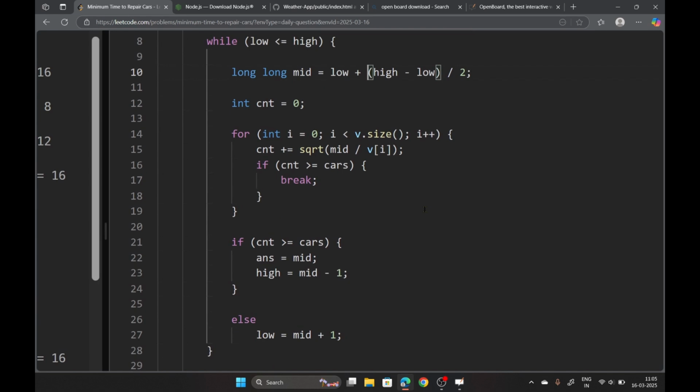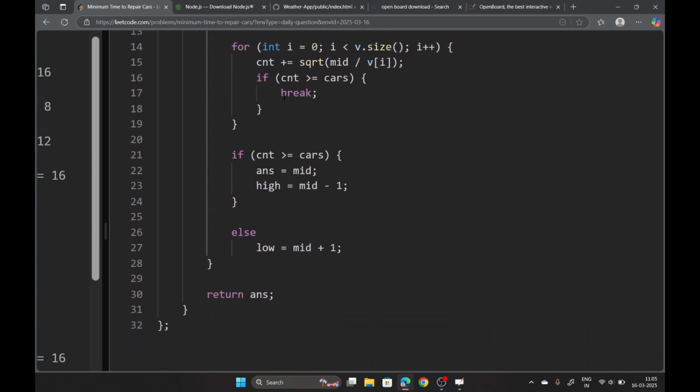For the corresponding mid value, we calculate how many cars that mechanic is able to repair. See, mid by rank of i was n squared, and for n we applied the square root. So n was the number of cars that the given mechanic can repair. If count is greater than or equal to cars, it means the mechanics were able to fix the total n that we understood in the question, which is greater than the cars. So we will just break from here.